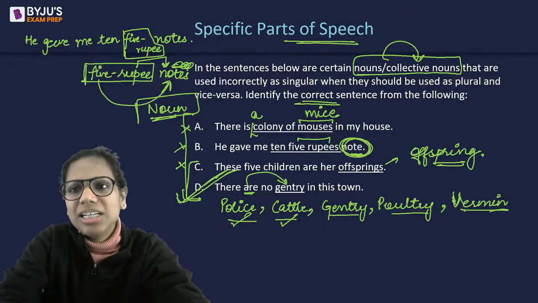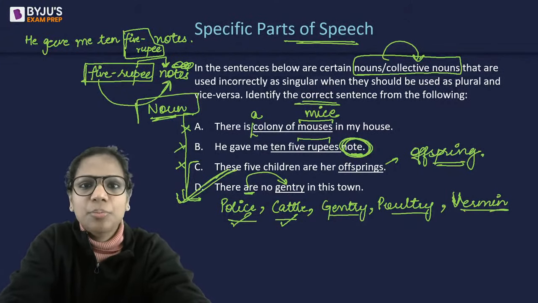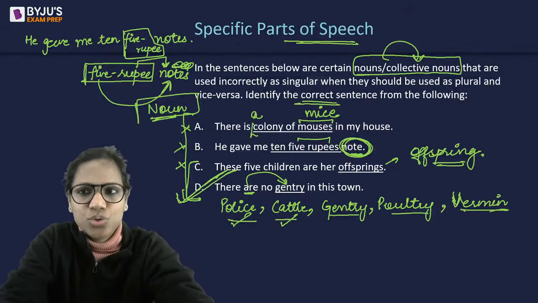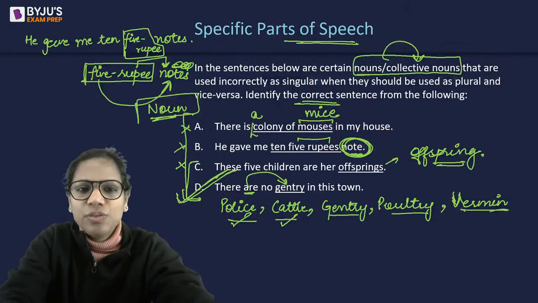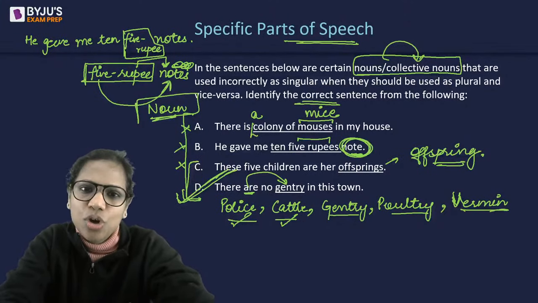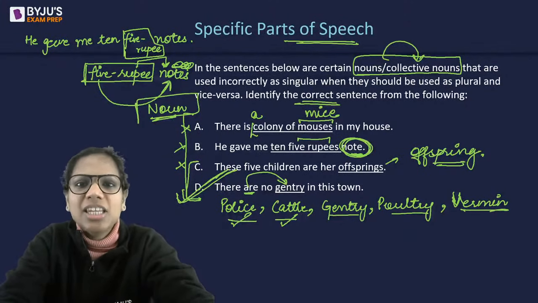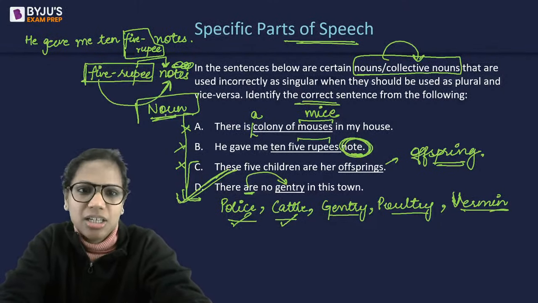Offsprings, see, it can be used, right? In recent usage we do accept offsprings, but if you look at the standard usage, we say they are her offspring. If, let's say, I am talking about perhaps different species, then I could use offsprings. So offsprings is a very recent usage. Okay, you should prefer offspring only in every case, right?